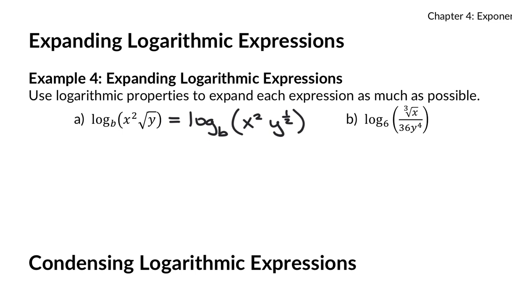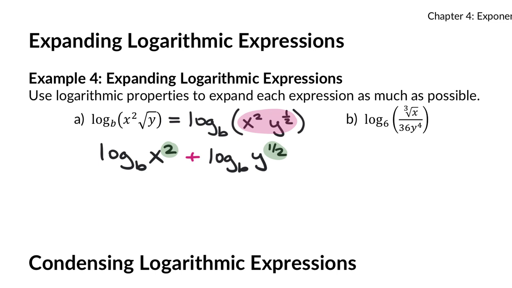Now, I have some multiplication happening inside this logarithm. How do I separate multiplication? Adding them. So the first step here is log base b of x squared plus log base b of y to the 1/2 power. We've separated it into multiple logarithms, and now we just take these powers and we deal with them.